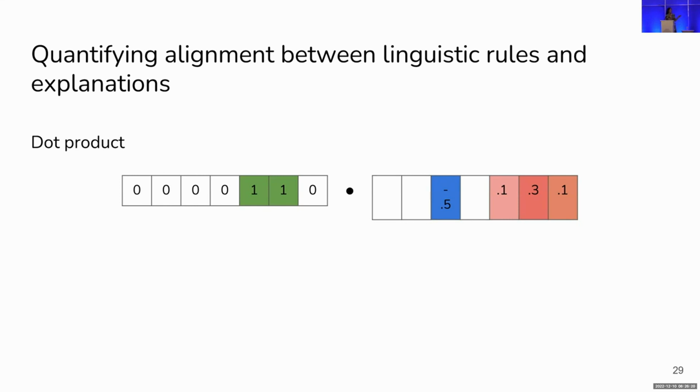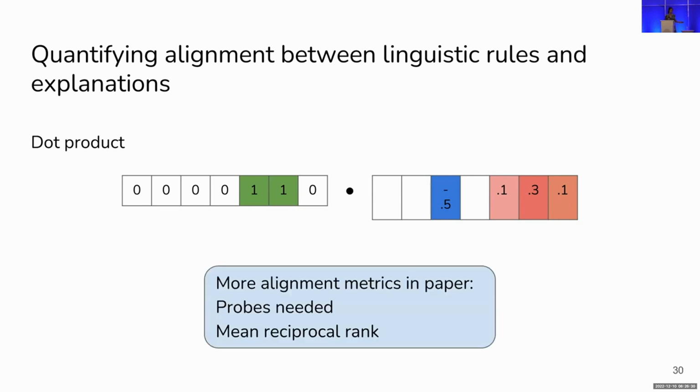And on the right, we have an example of an explanation vector where we have the saliency score for each word on the importance of its contribution to the model prediction. We can obtain the alignment between these two by, say, computing the dot product between these two vectors. In our paper, we also explore other alignment metrics such as probes needed and mean reciprocal rank.